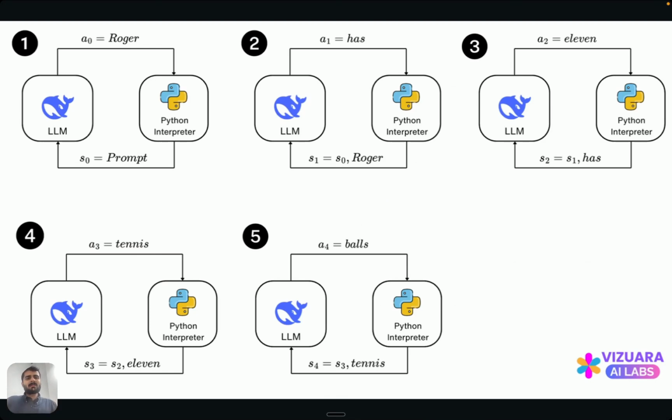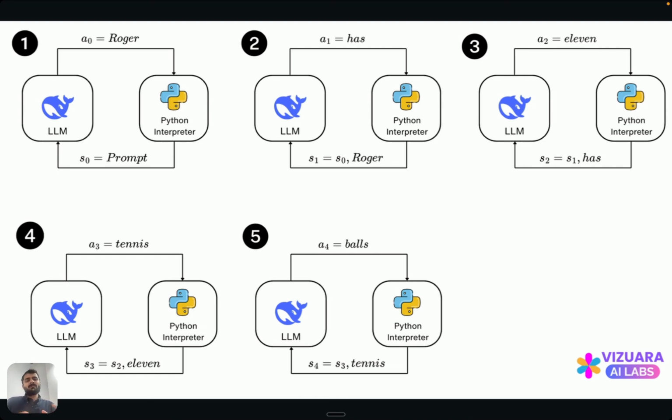What we have done here is that we have cast the act of answer completion as an agent environment interface where the agent is the LLM itself, and the answer completion is cast in terms of states and actions. So the state is whatever information the LLM receives up until the iteration.